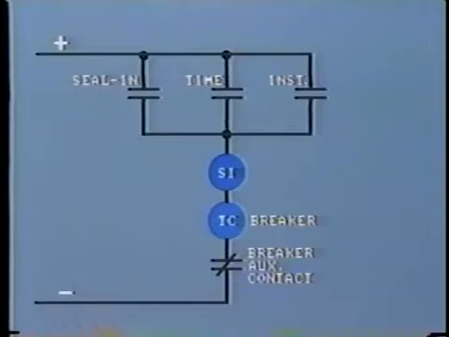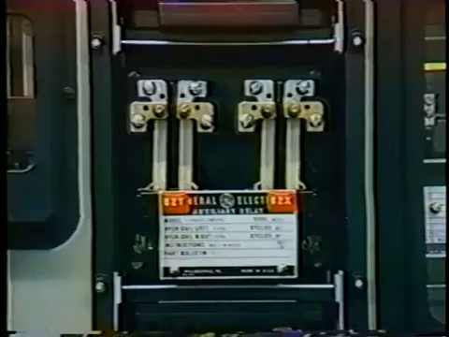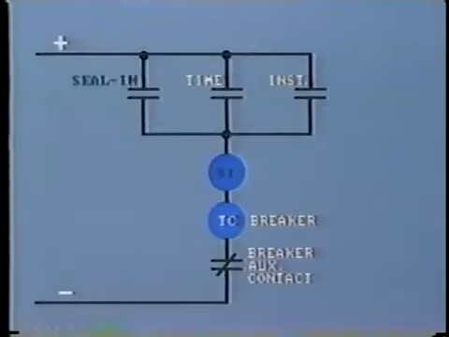This schematic shows a typical tripping circuit. This is the trip coil which will operate the breaker. Sometimes this is operated through an auxiliary relay so as to reduce the current which must pass through the relay contacts. A seal-in circuit is normally connected across the relay contacts so as to protect against contact bounce or inadequate closure.